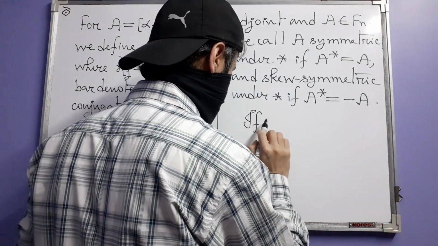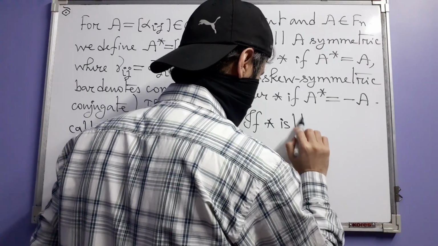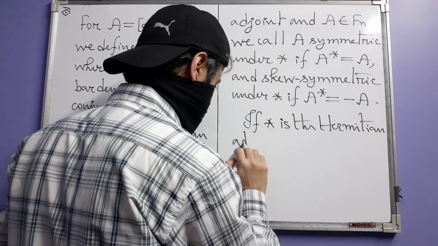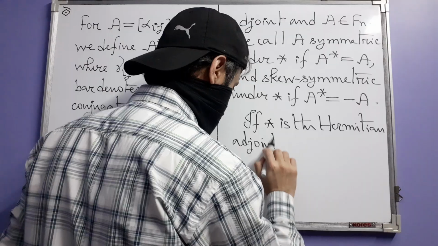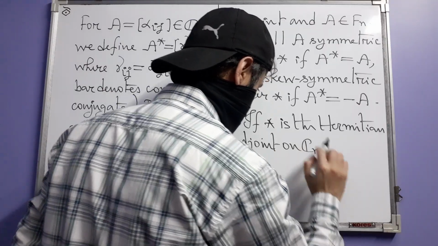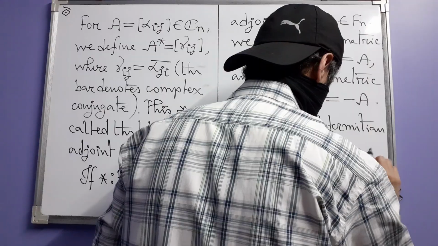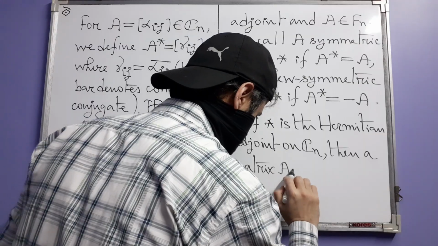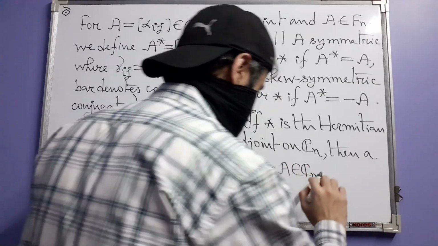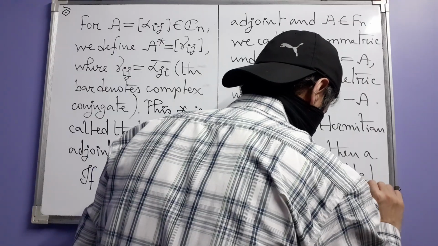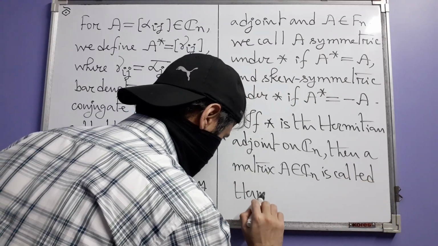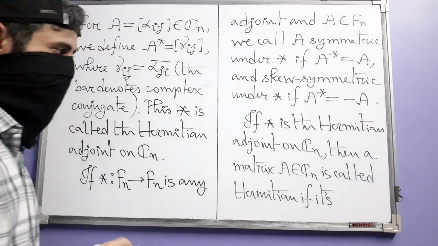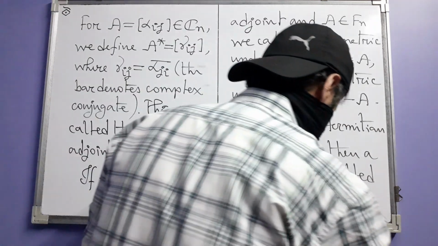If star is the Hermitian adjoint on Cn, then a matrix A in Cn is called Hermitian if it's symmetric under that Hermitian adjoint.